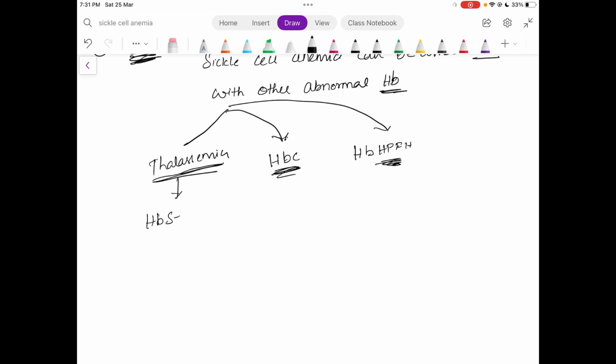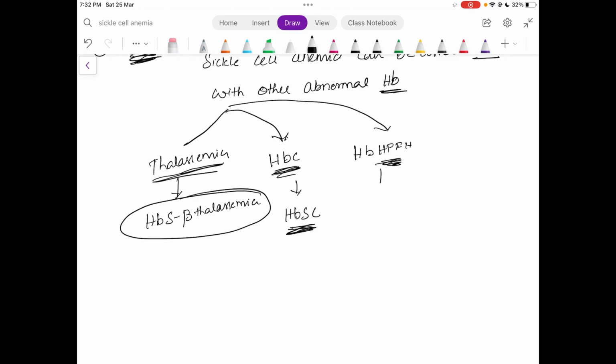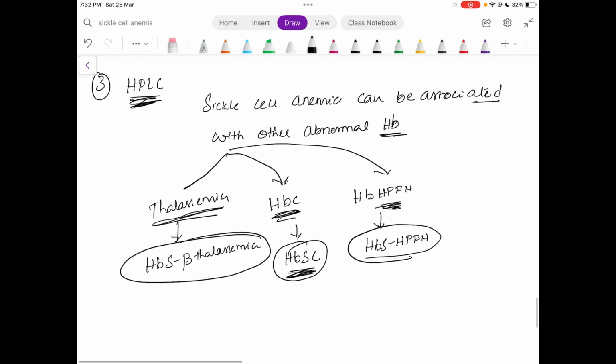So we'll have patients with both sickle cell and beta thalassemia disease. That means the patient will have sickle cell anemia and beta thalassemia. In this, the patient will have HbC disease and sickle cell disease, and in this the patient will have HbS and HPFH type of hemoglobin. So the patients will have both diseases.